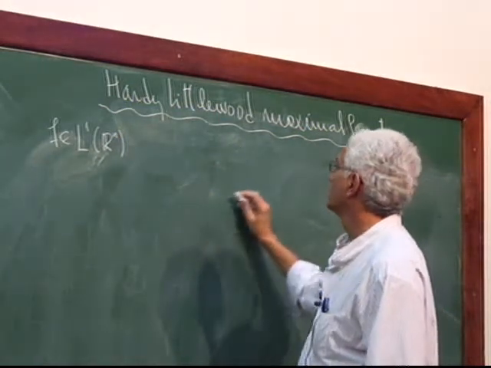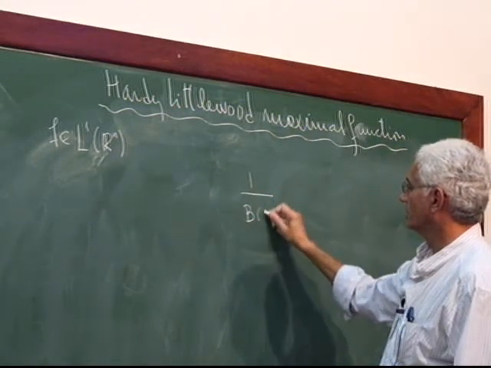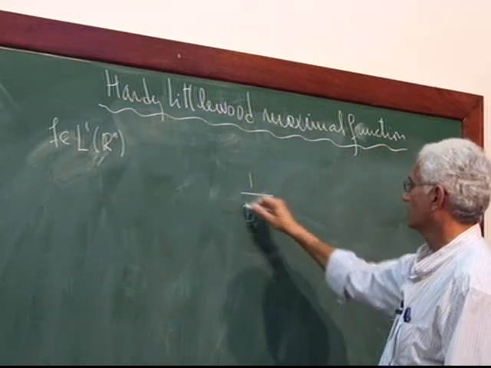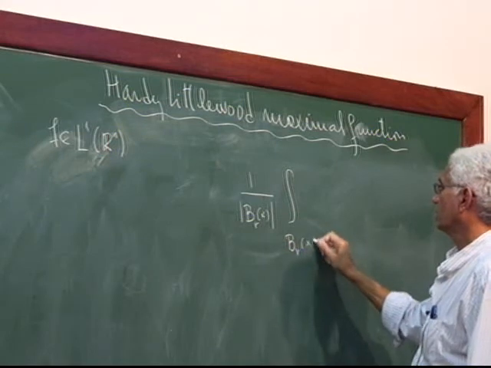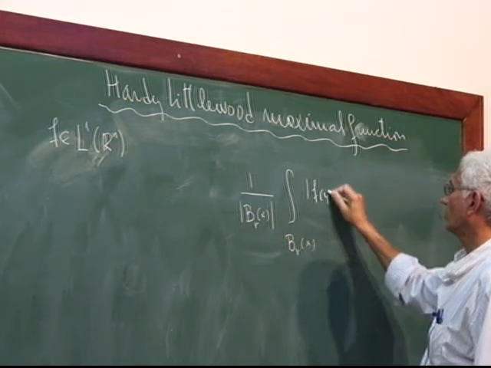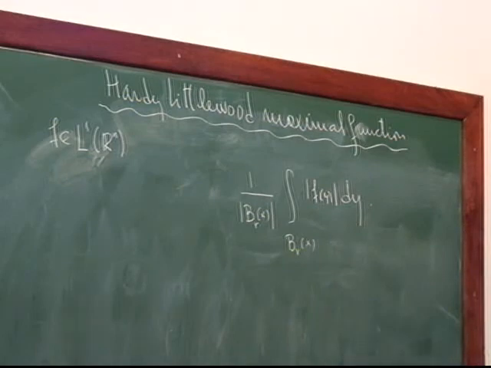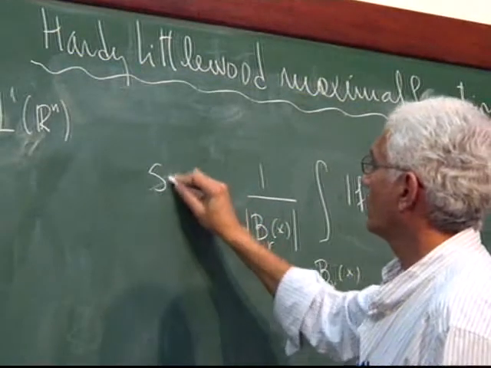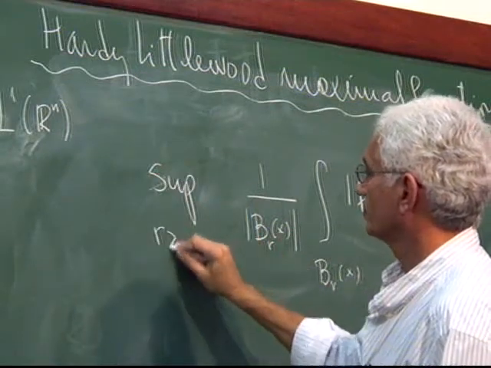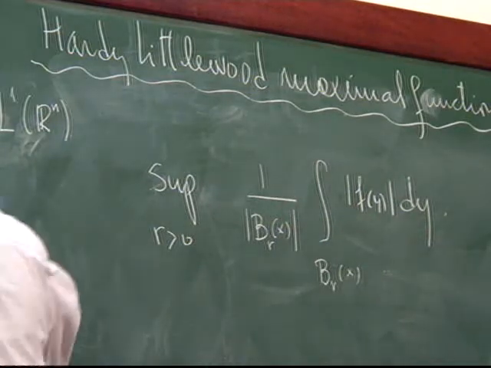You take the ball of center x and radius r, and you take the average of your function over this ball. And you take the supremum over all possible balls. And you call that the maximal function of f evaluated at x.